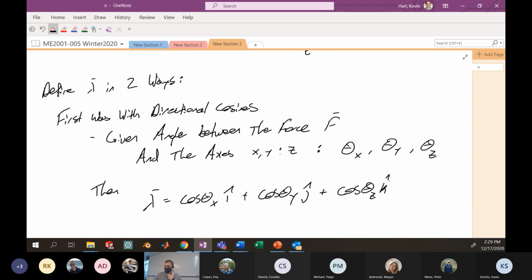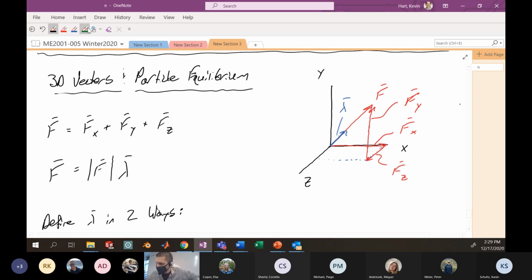If you just happen to know the angle that the force makes with those various axes, then figure out what that angle is through geometry, or if it's given to you, just use it directly. And you could calculate what your unit vector is in the direction of the force. It's quite nice. So if we go back up to our image here, the angle between F and the x-axis is theta x. The angle between my force and the y-axis here is theta y.